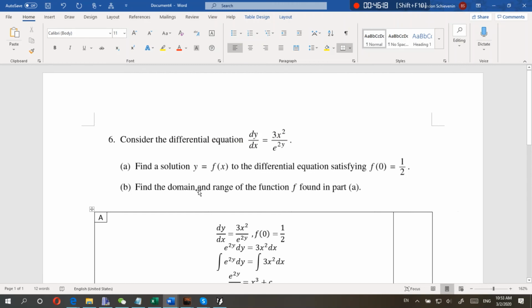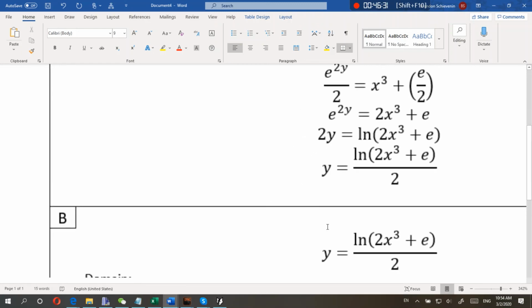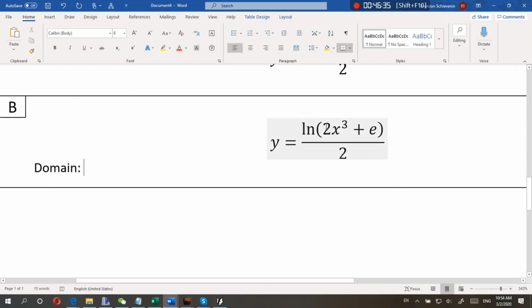Okay, for the second part, they asked for the domain and range of our new function. So I'm just looking for domain and range of this function. Okay, domain is all x values that you can plug in. So is there anything that would make an x value not okay to plug into this function?